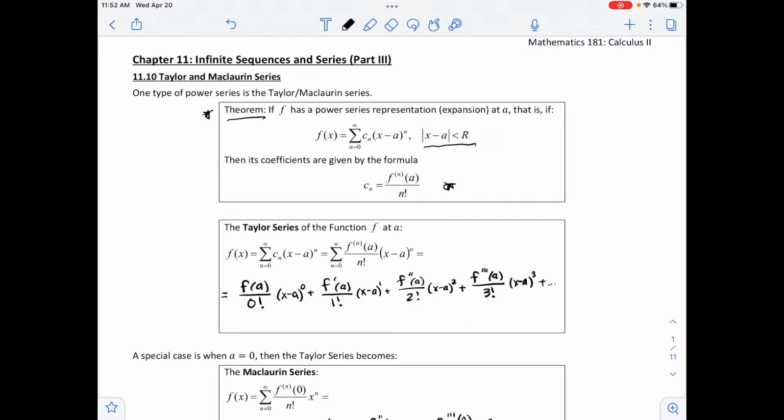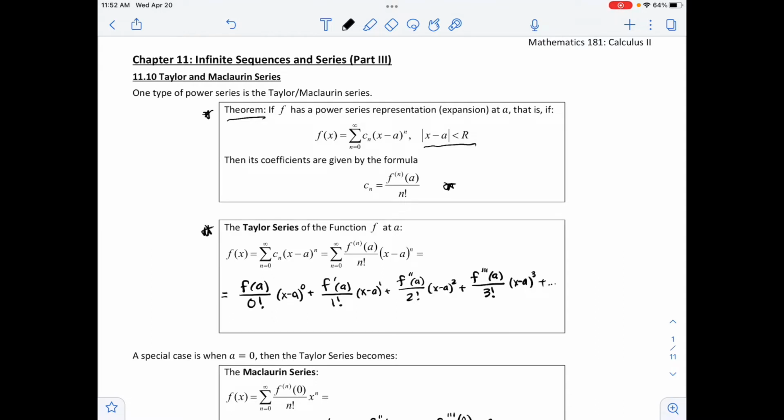So n being 0 would be just our normal function. If n is 1, that's going to be the first derivative. n is 2, that's the second derivative, and so on. Evaluated at a and then divided by n factorial.